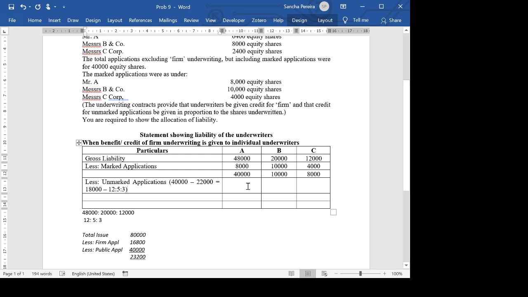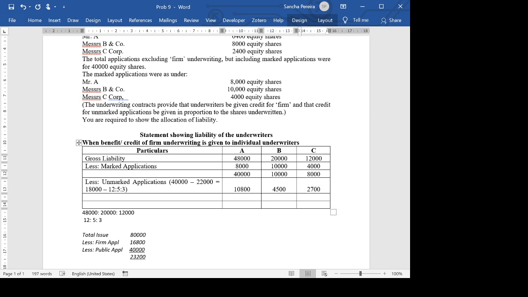So if I have to divide 18,000 in that ratio, it will be 18,000 divided by 20, into 12, which comes to 10,800. Into 5, which comes to 4,500, and into 3 comes to 2,700.